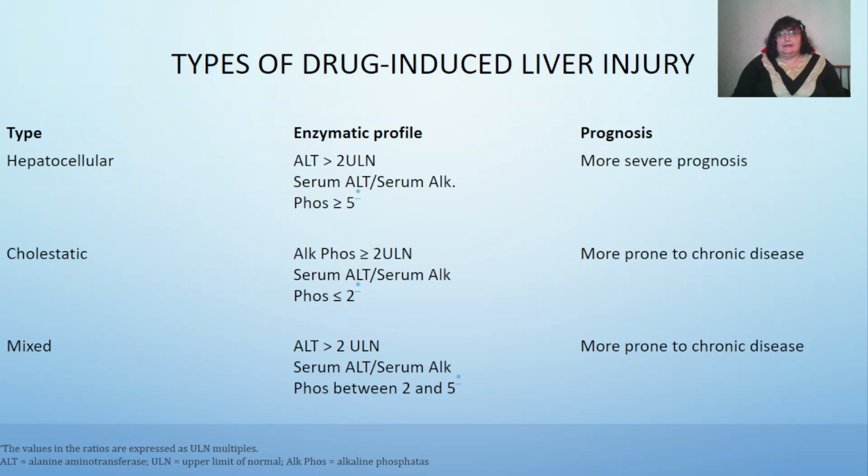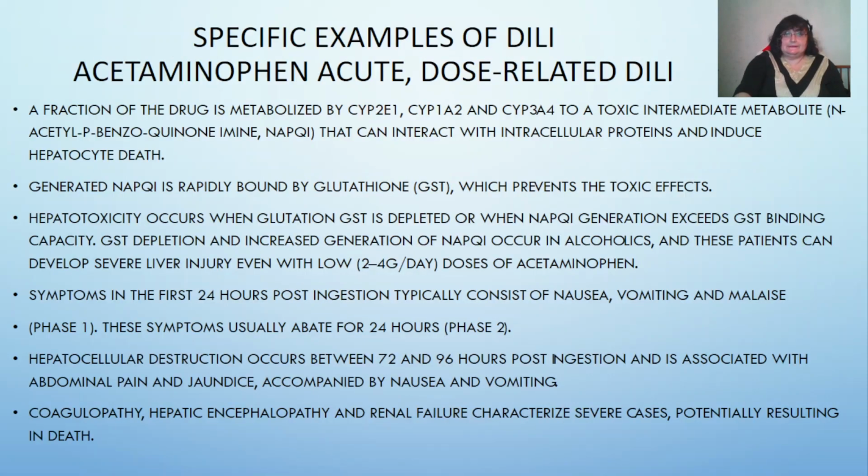Cholestatic: ALT more than 2 times the upper limit of normal, ratio of serum ALT to serum ALP of 2 or less. It is more prone to chronic disease. Mixed: ALT more than 2 times the upper limit of normal, ratio of serum ALT to serum ALP between 2 and 5. More prone to chronic disease.